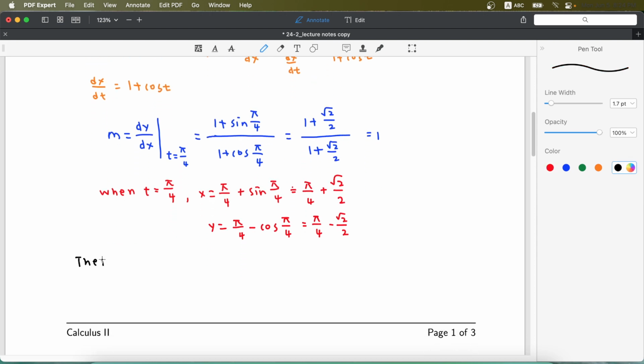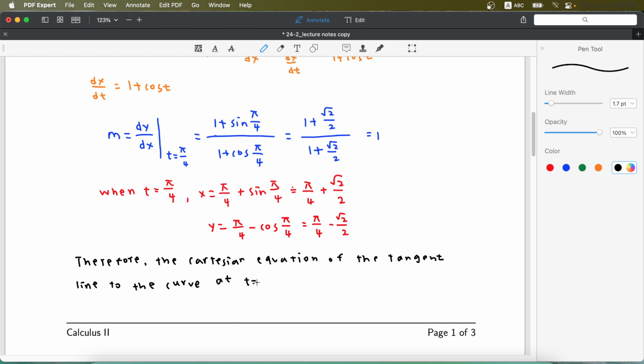Therefore, the Cartesian equation of the tangent line to this curve at t equals pi over 4 is, we use the point slope form.